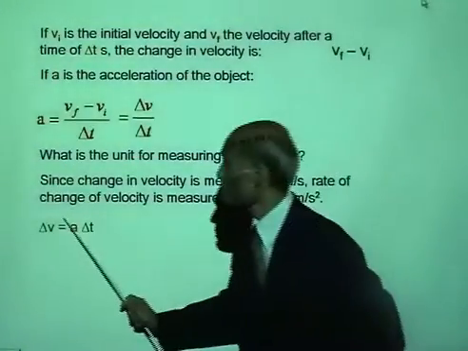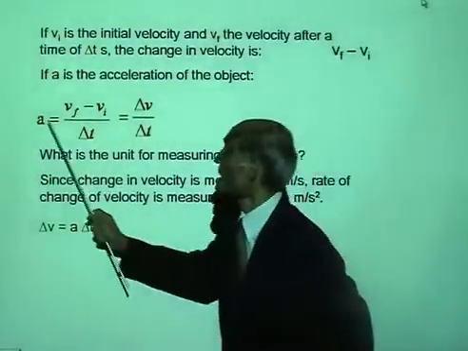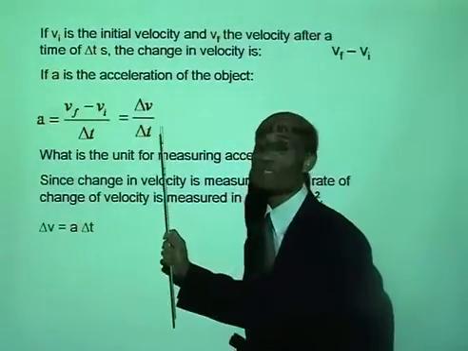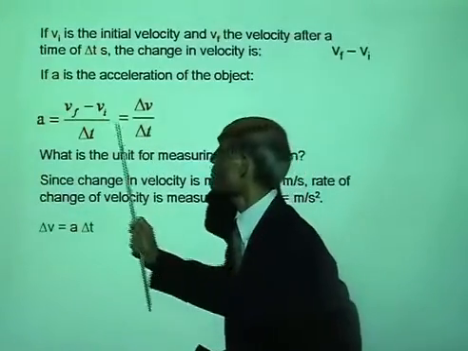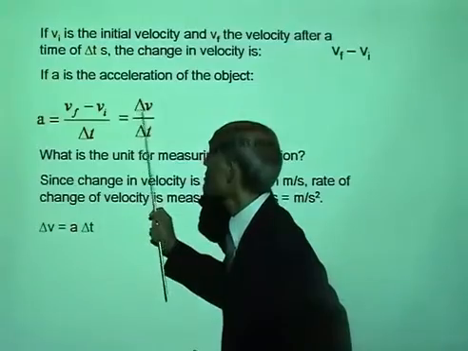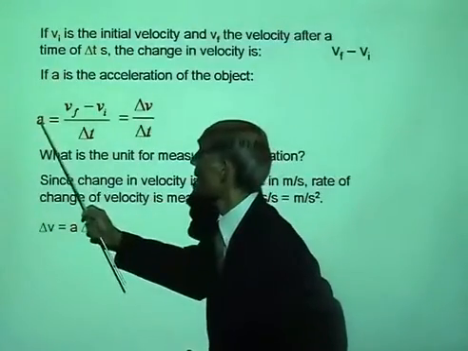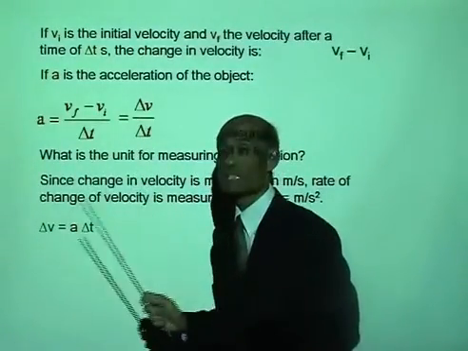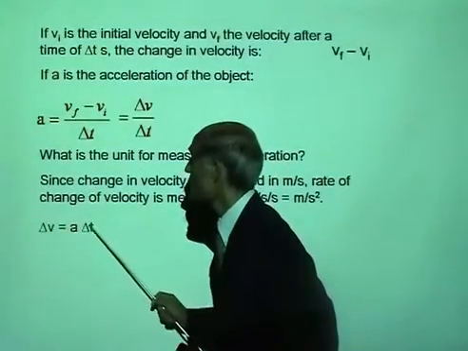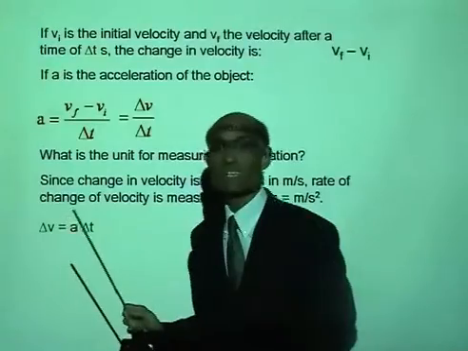Now, look at the way I'm going to write this equation now. If a equal to delta V divided by delta t, and if I multiply both sides by delta t, I will get delta V equal to a times delta t. It's the same equation. Delta V equal to a times delta t.